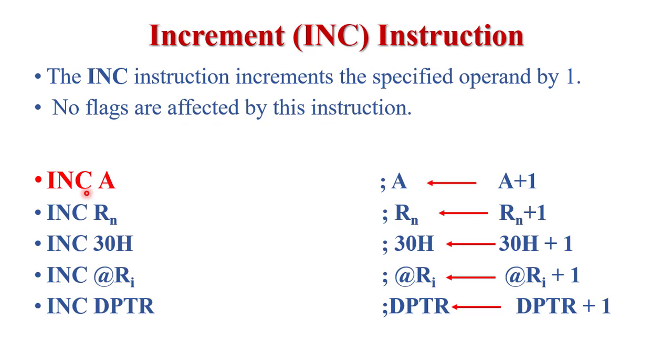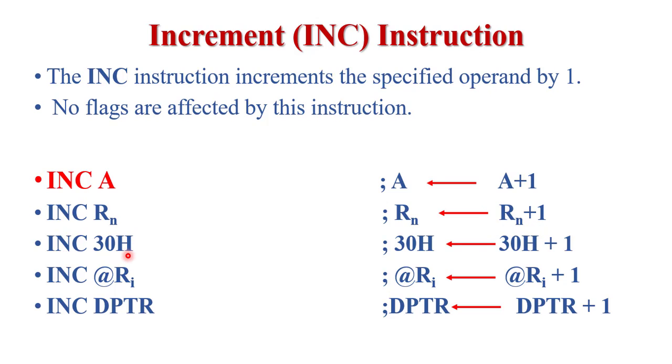This instruction supports all types of addressing modes. The first instruction is INC A. This tells that the accumulator register is incremented by 1 and the result is stored in the accumulator register. Next instruction is INC Rn. This is an example of register addressing mode. It tells that the content of the Rn register is incremented by 1 and the result is stored in the Rn register.